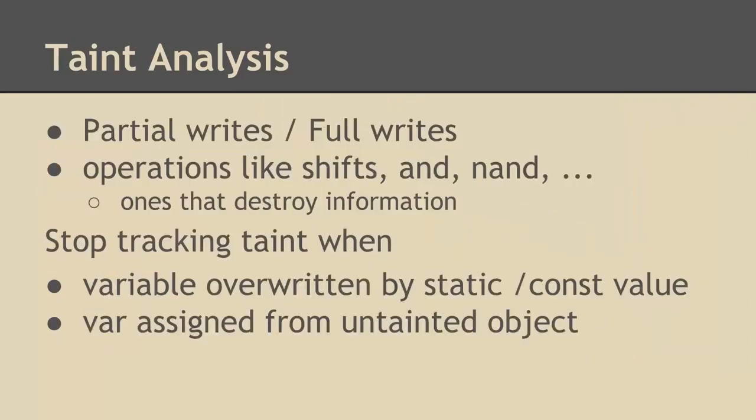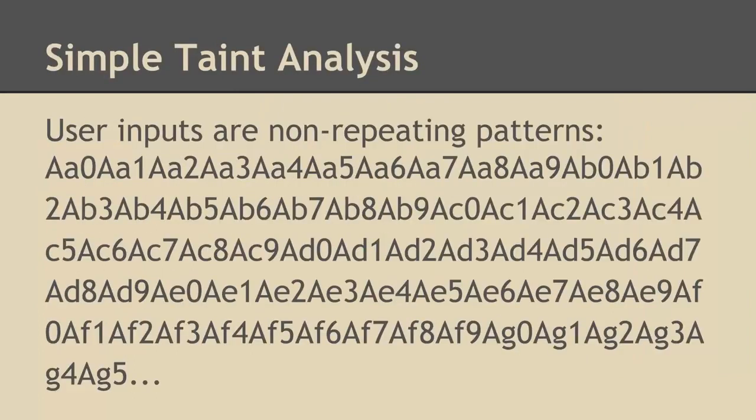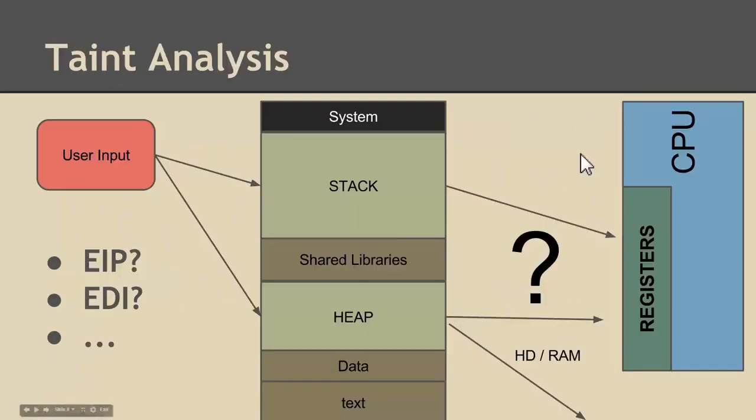And one way to do that is to pass it statically. The dumb way to do it is to pass it a very, very large pattern. Or pass it all A's, and you may see that EIP is 41414141. You could not access memory or invalid instruction at that address, hence the call to segfault.